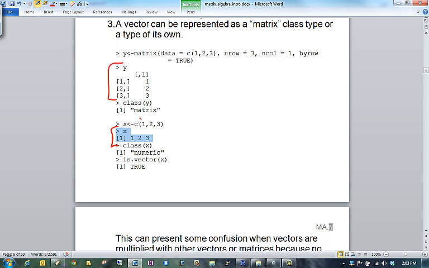And whenever I create something like this with the C function, this is actually what R calls a vector. Now you can often work with vectors and matrices in the context of what R calls them. We can work with them interchangeably, but you just have to be careful on some things, and I will point out those things shortly.